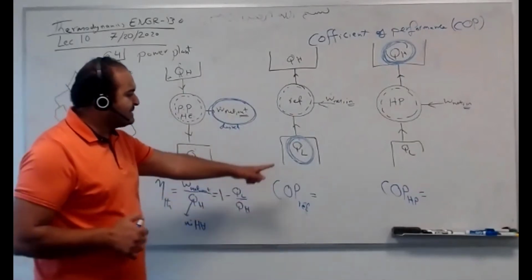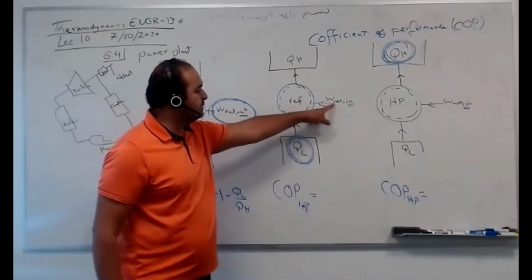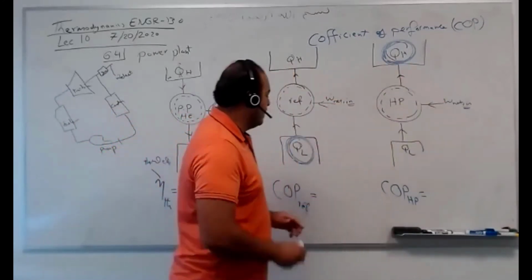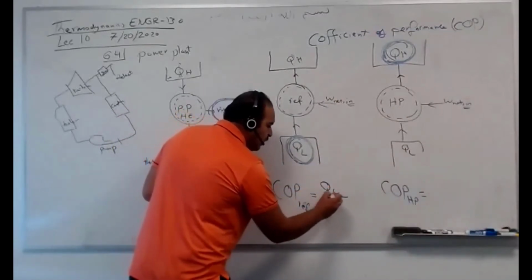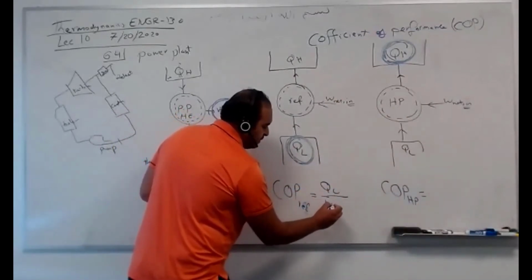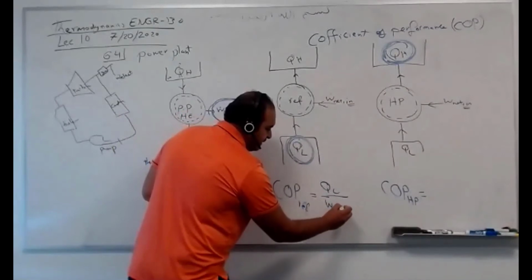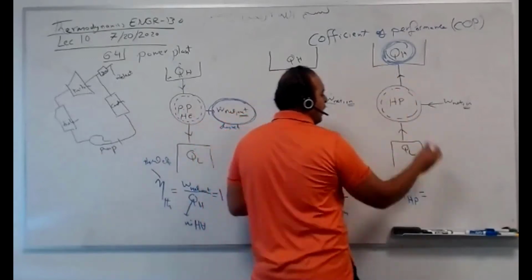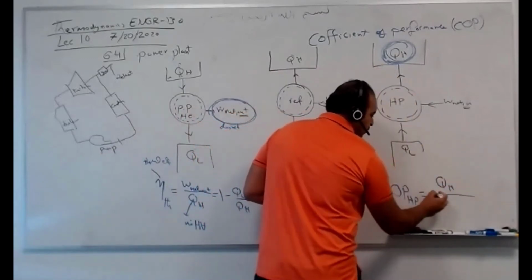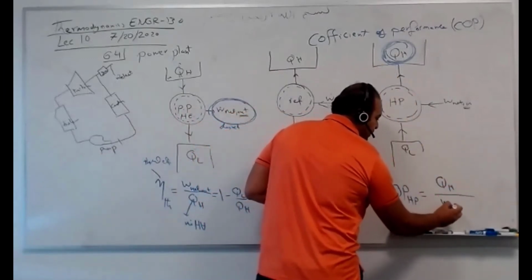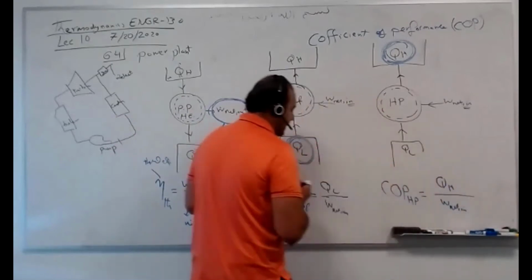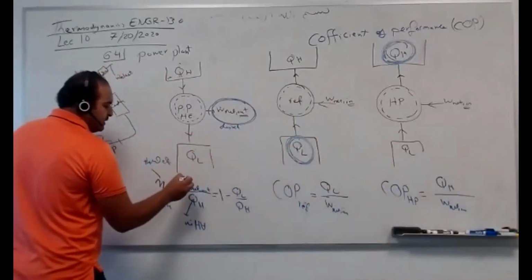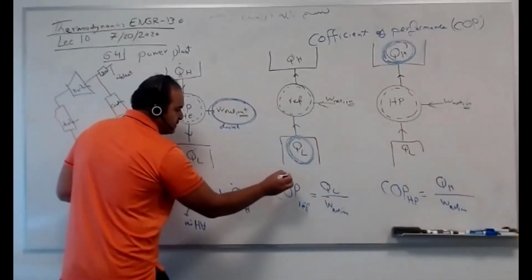For the refrigerator, COP is simply Q low over W net in. For the heat pump, the output, what I want, is Q high, warm water, over W net in. Of course, you can put a dot on everything if it is per unit time, that's okay.